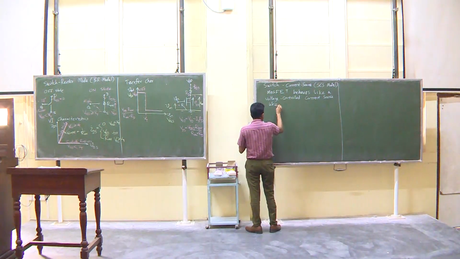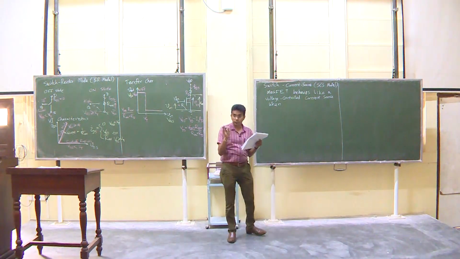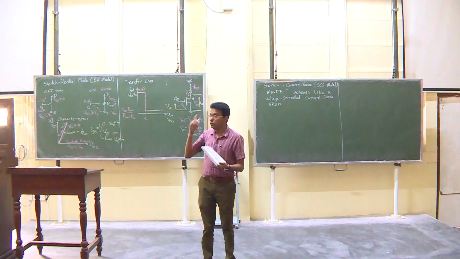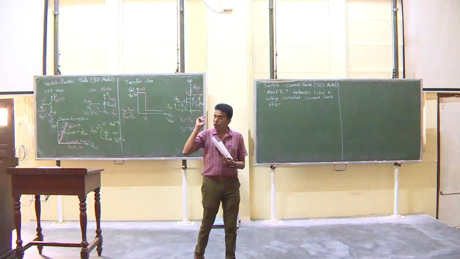This is not always the case. Just because VGS is greater than the threshold voltage, it will not behave like a current source.